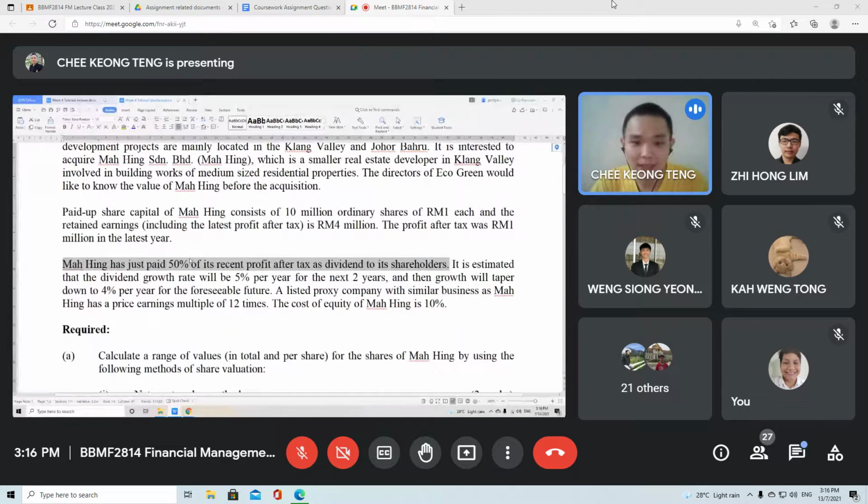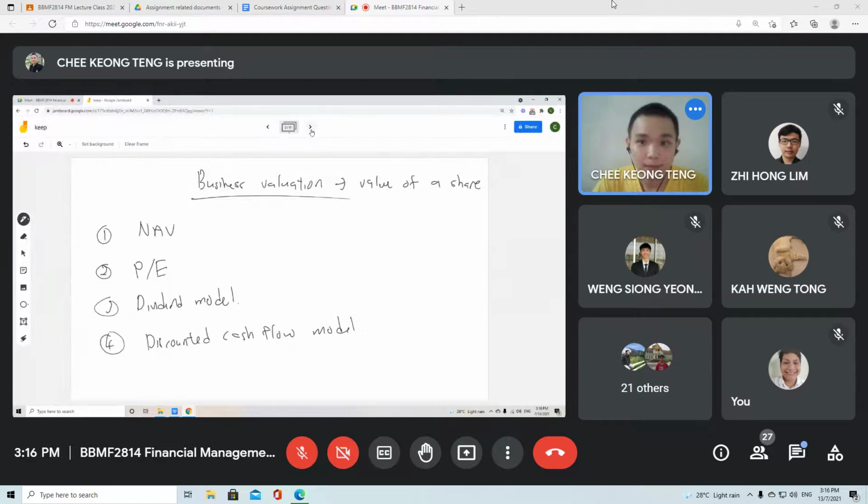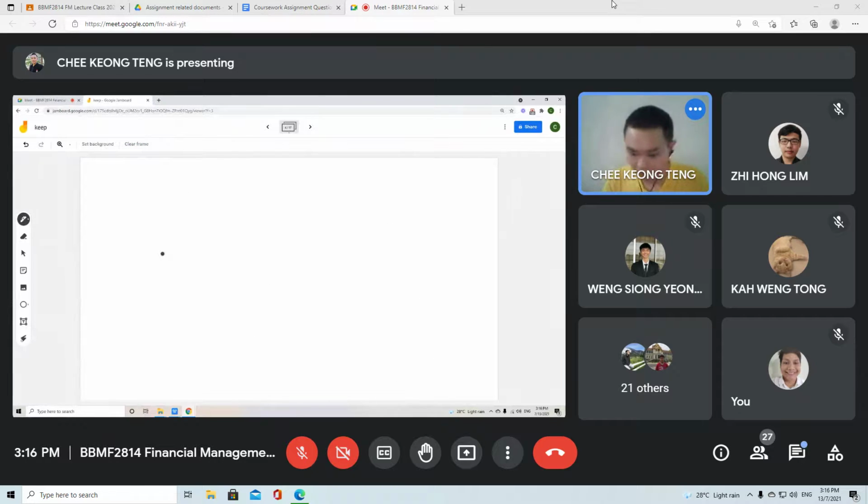Maheng has just paid 50% of its recent profit after tax, which is referring to this one, recent profit after tax, 1 million, as dividend to its shareholders, which means, back to here, year 1, year 2, year 3, year 4, and until forever. Because business is always until forever. So now what I know is the recent current profit after tax is basically 1 million.